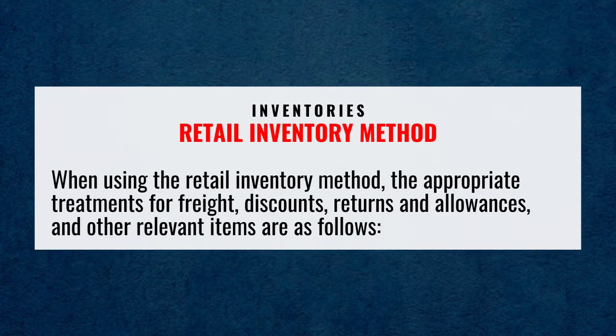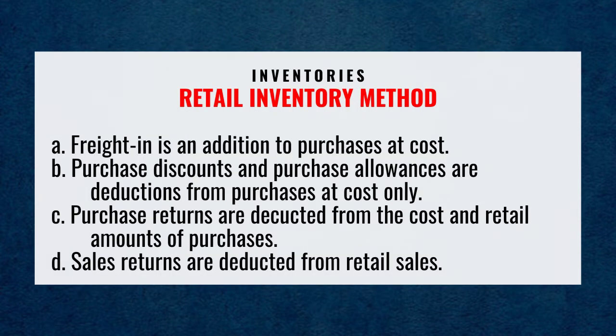When using the retail inventory method, the appropriate treatments for freight, discounts, returns and allowances, and other relevant items are as follows. Letter A, freight in is an addition to purchases at cost. Letter B, purchase discounts and purchase allowances are deductions from purchases at cost only.